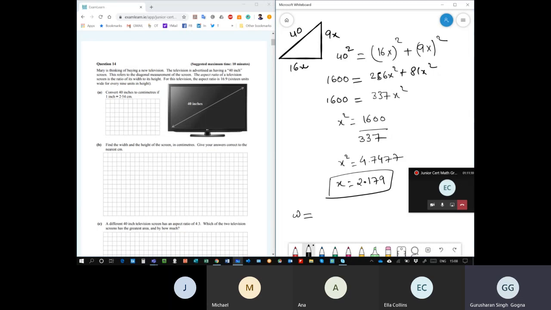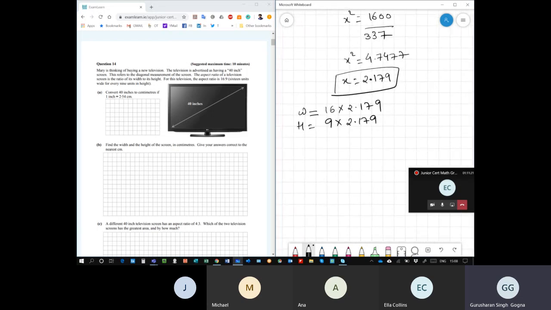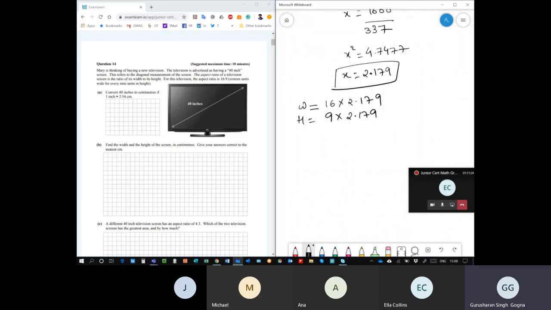So what's the width then? Width was 16x, so 16 times 2.179, and height would be 9 times 2.179. So it will give you 34.864, which is, let's say, 35, and this one will give you 19.611, which is close to 20.